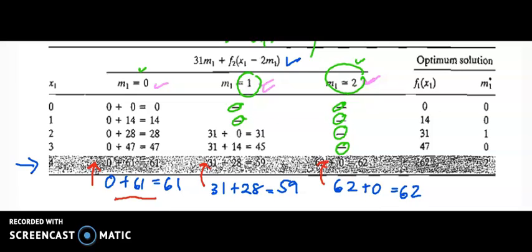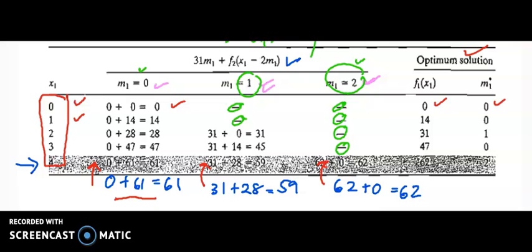Now, you have to do this for all these feasible solutions, and then at the end, for the optimal solution, you have to look at the x1 values one by one. When x1 equals 0, you have no option, the value is 0, and it comes from m1 equals 0.